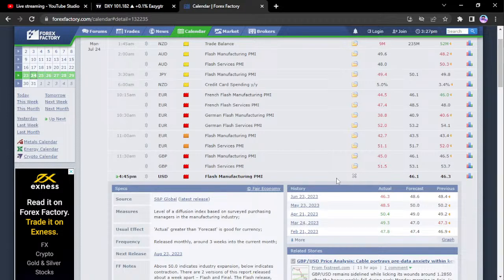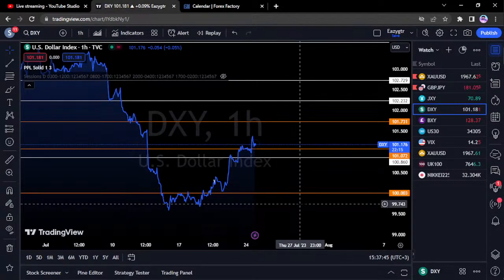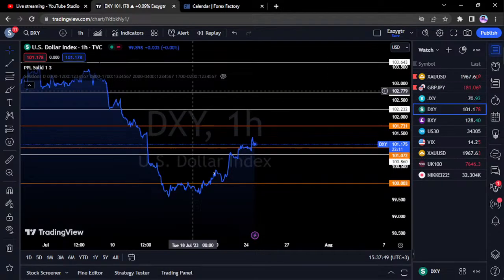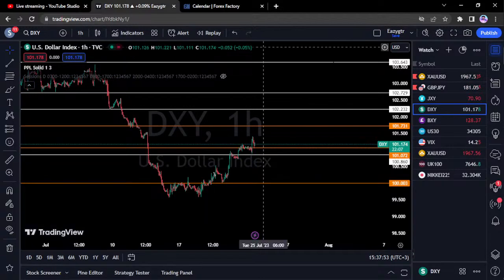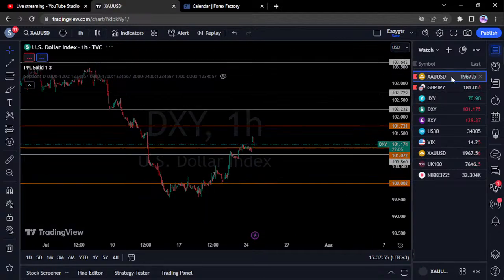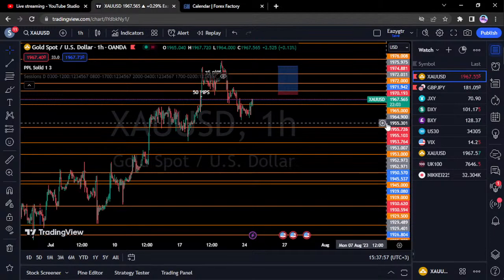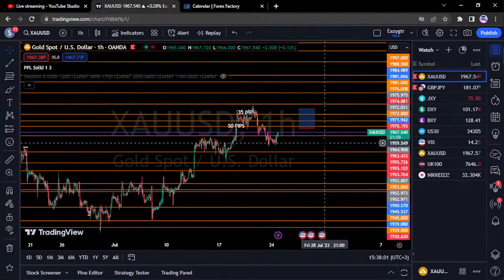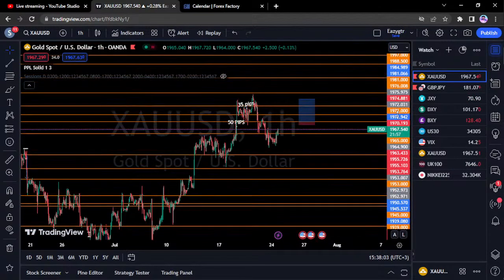If you get worse than forecasted data, you're going to get sells on the dollar index and buys on gold. So that's basically it. Just have to sit tight, exert a little bit more patience.